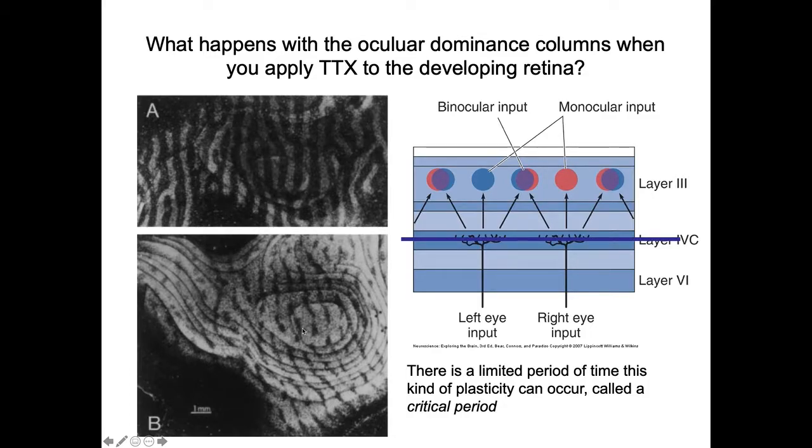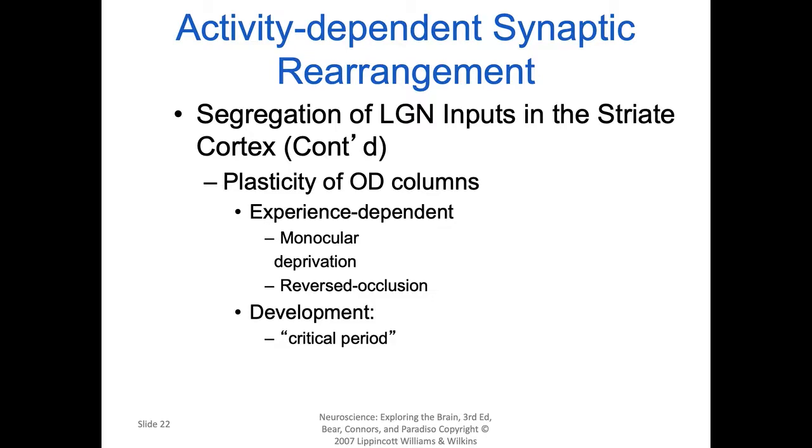If you blocked both eyes, then you would lose this, like what you see here, where you've lost the specificity of input from one side to the other. So those are two examples of what they were able to do here.